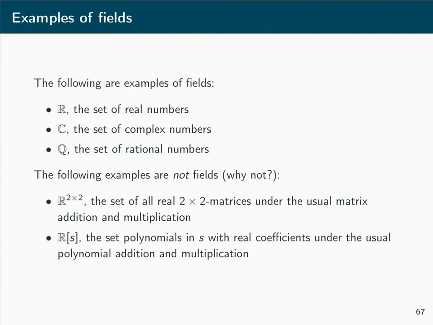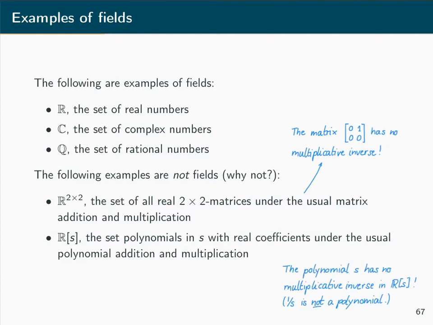And if we do this for the set of all real 2x2 matrices, we will realize that there are matrices, such as this one, that has no multiplicative inverse, because it's not invertible. If we do this for the set of all real polynomials, we realize that the polynomial s has also no multiplicative inverse. The inverse would be 1 over s, but this is not a polynomial.